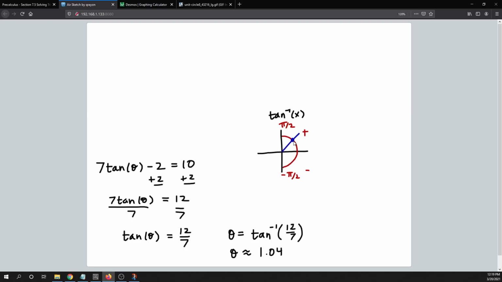If we look at the tangent in the second quadrant, it's going to be negative, and in the third quadrant, it is going to be positive down here. So the other answer is going to be down here in this quadrant. And it's going to be 180 degrees, or pi units, away from the answer that we got up here in the first quadrant.